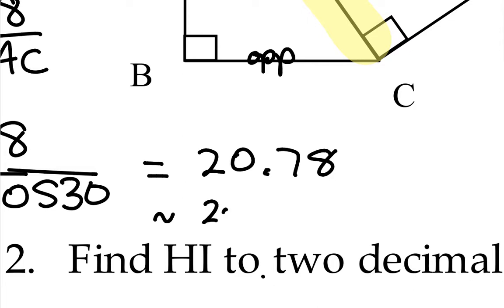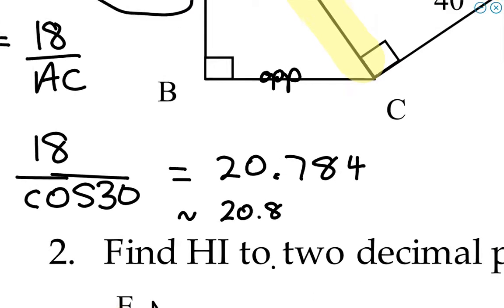That would be nearest tenth. What would be nearest whole? 21. Good. What would be nearest hundredth? Now that I put the 4 up there, what would be nearest hundredth? 20.78. Because the 4 wouldn't make it round up, right? All right.